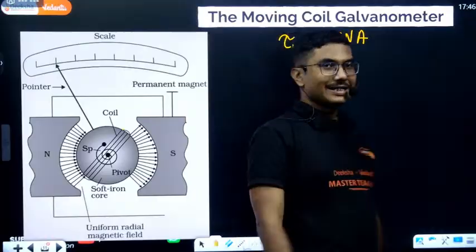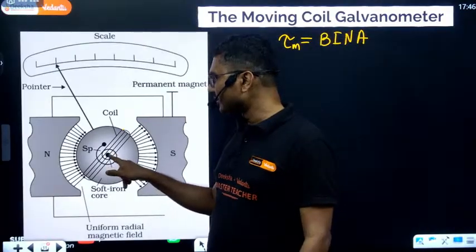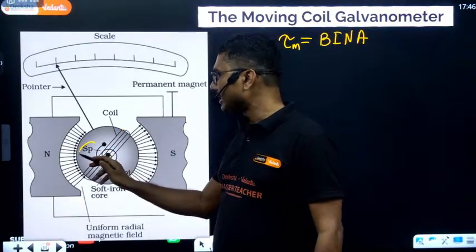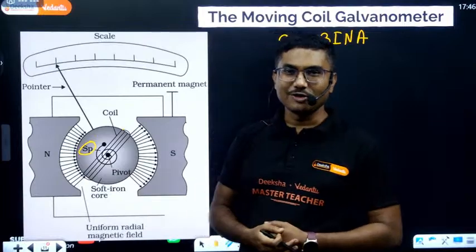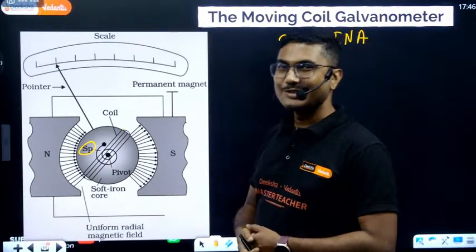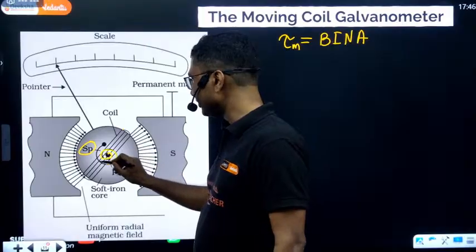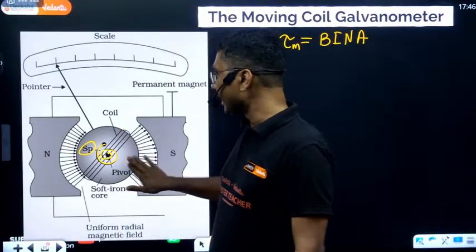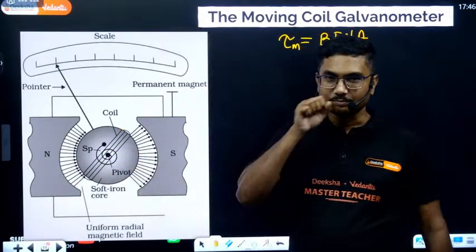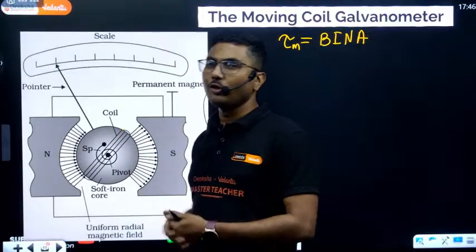So how does that happen? Basically inside a galvanometer we have fixed a spring. If you see, there is SP written over here. SP is not superintendent of police, it is spring. That spring is a spiral spring which is like this. Now what is the role of this spring?